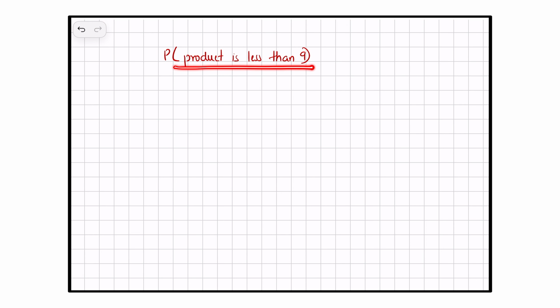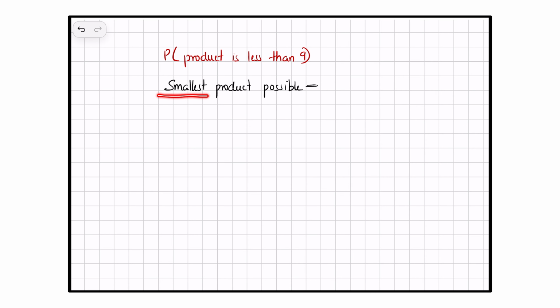Let's do that. When we roll or when we throw 2 dice, what are the possible products that we can get? What are the two extreme products that we can get? It can be 1 into 1 equal to 1, that is the lowest product that I can get, and the largest product I can get is 6 into 6, right?